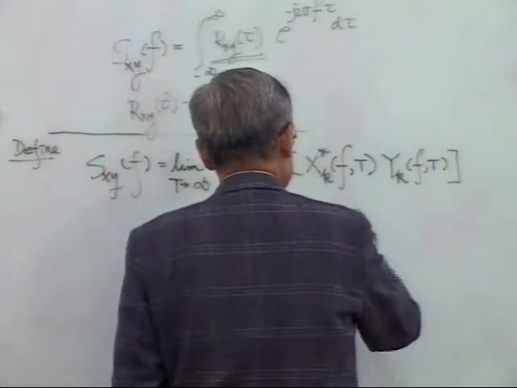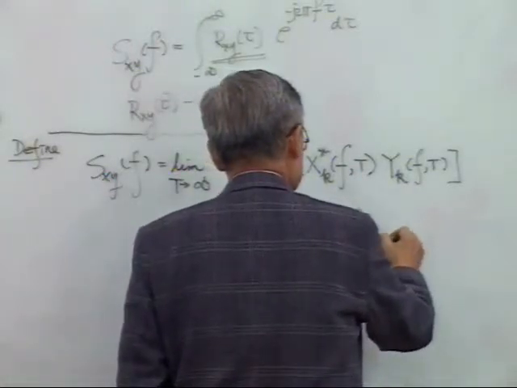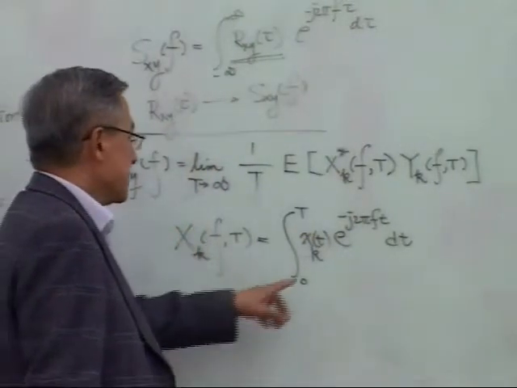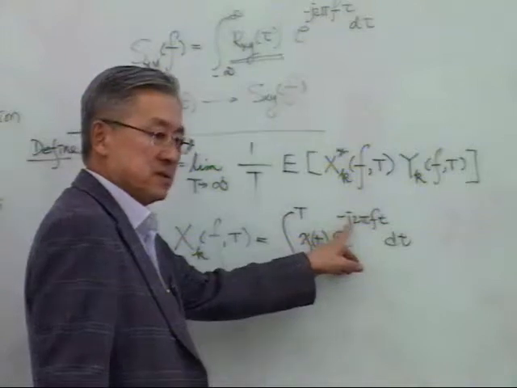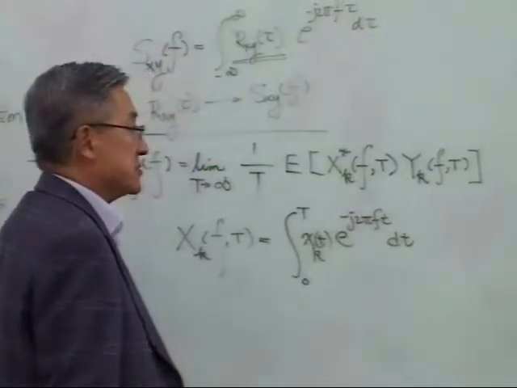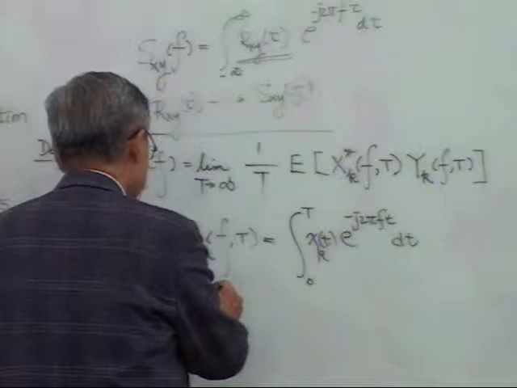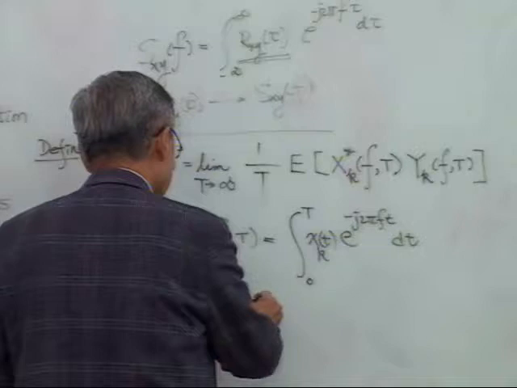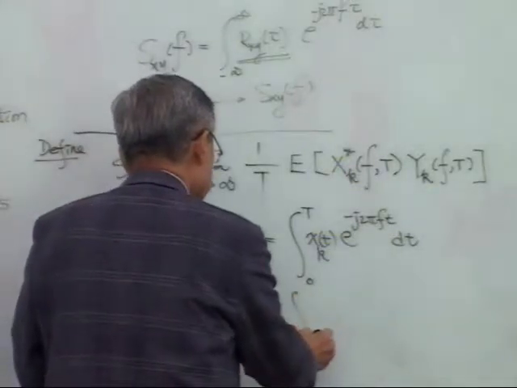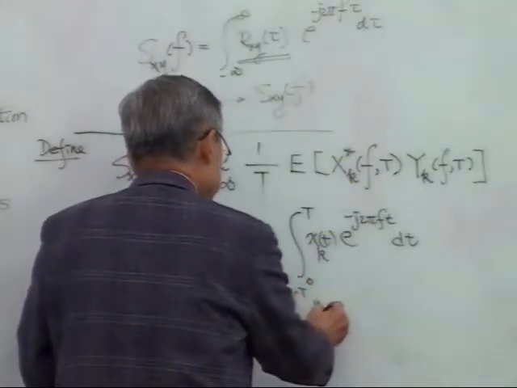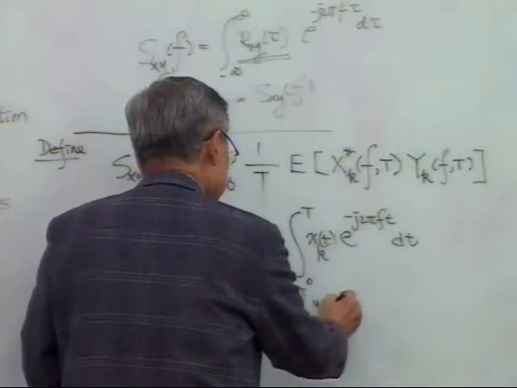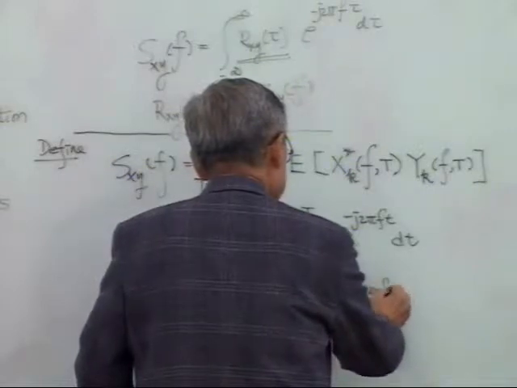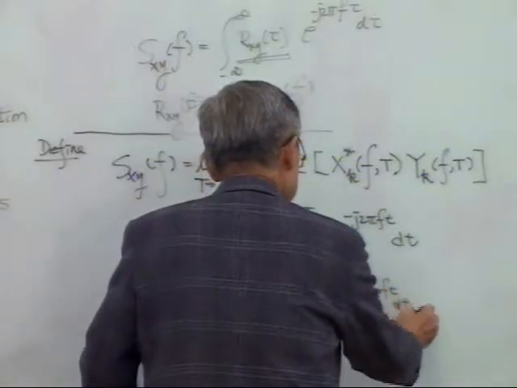Tau or d tau, I use a t here, then I can use a t here. So when you put the star here, conjugate, then this should be the positive conjugate function. And of course Y, which is kind of a response function or output function, 0 to T, sample function k, t, e to the minus j 2 pi f t dt.